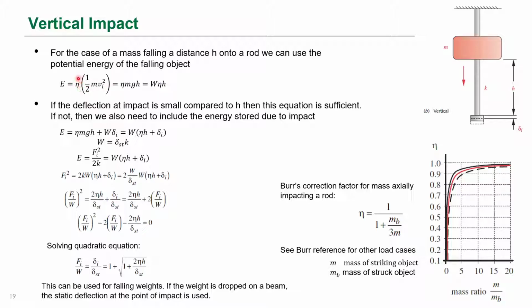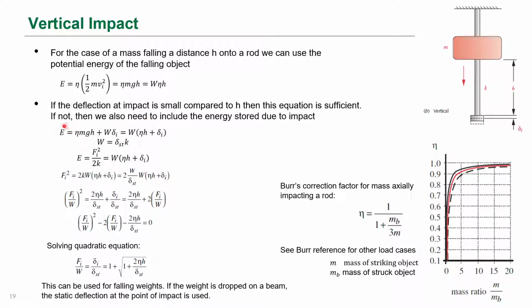The key thing is we've introduced this eta, which is dependent on that property. Now, this equation is sufficient if the deflection is small compared to the height that it's dropped. If it's not, then we have to also include that energy stored during impact.